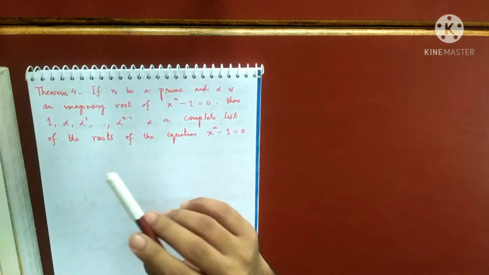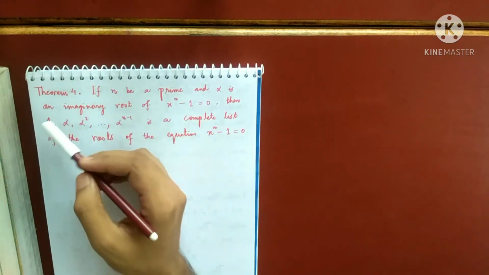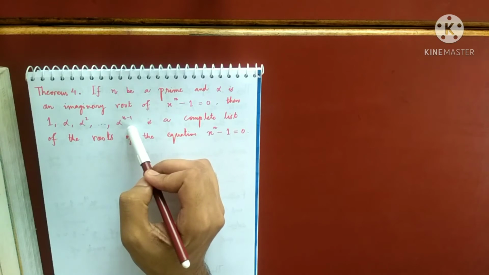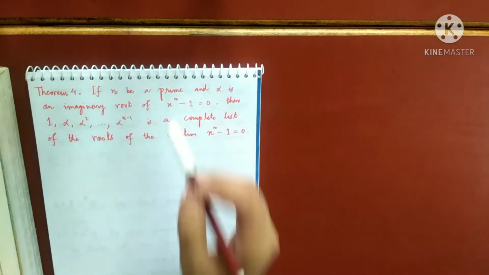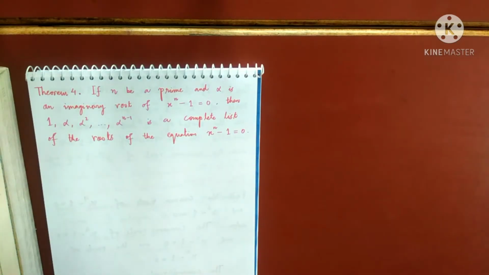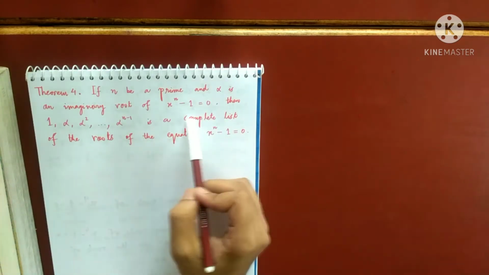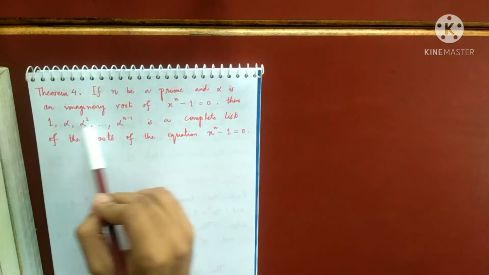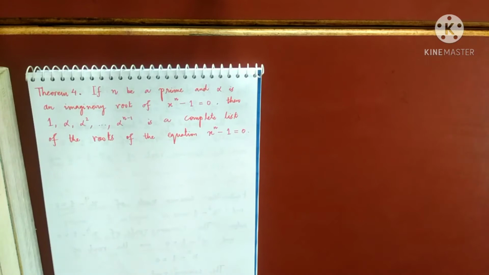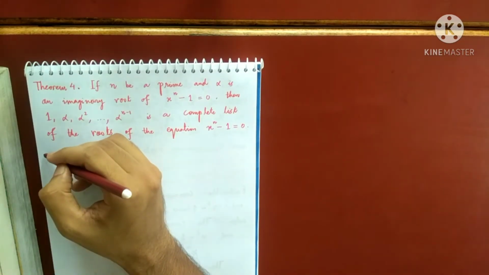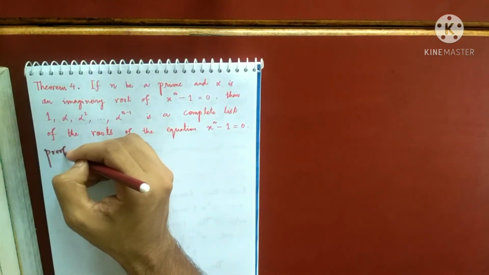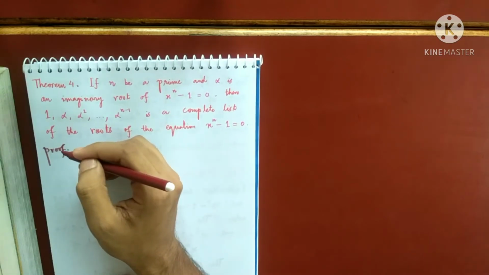So my only task is to prove that these are distinct, because each of them is a root, I know, but to show that this is the complete list of the roots, I'll prove that they all are distinct. So the proof goes like this.